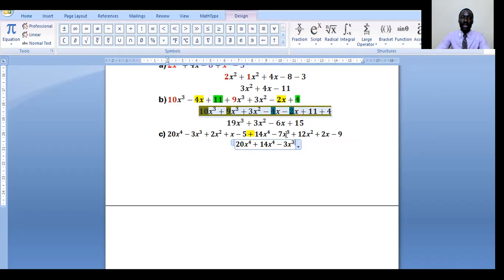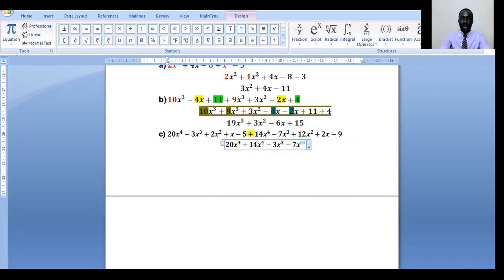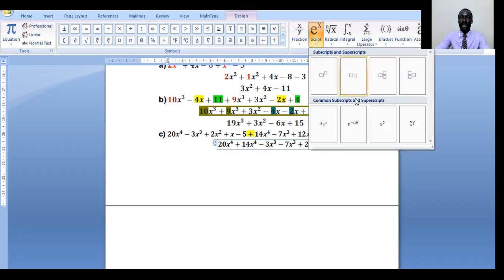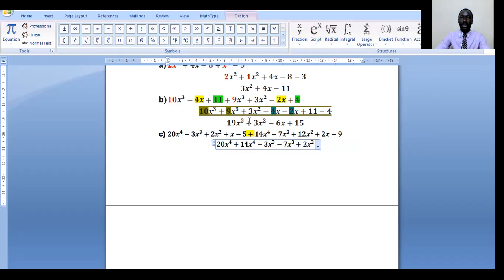Then we also have a minus 7x cubed here. So what will this be? Well, we will then move on to a plus 2x squared. Now this 2x squared has got to be added onto this 12x squared.